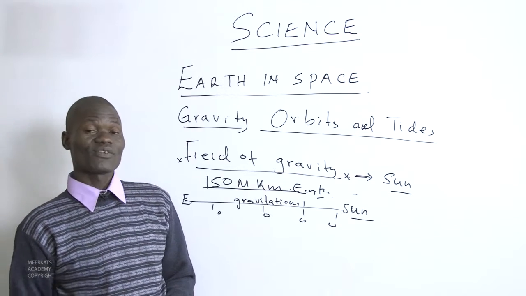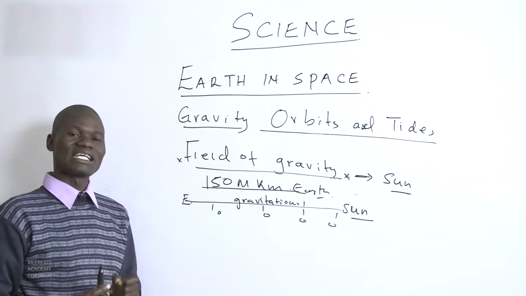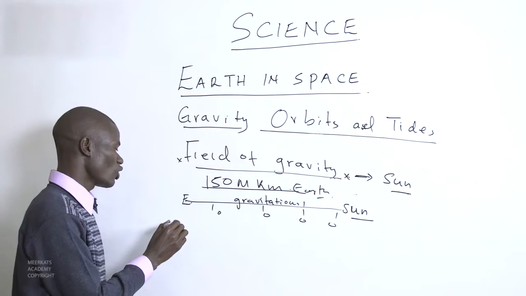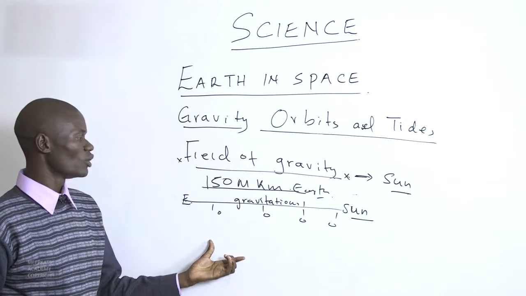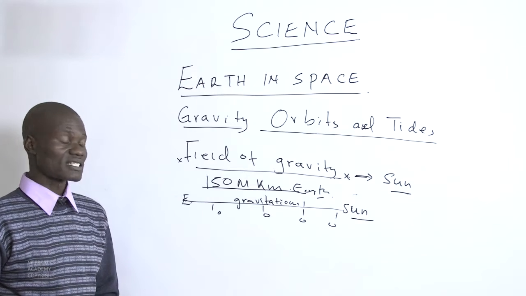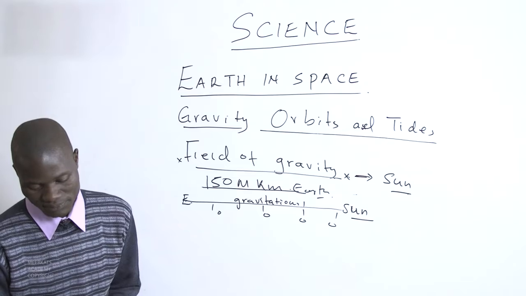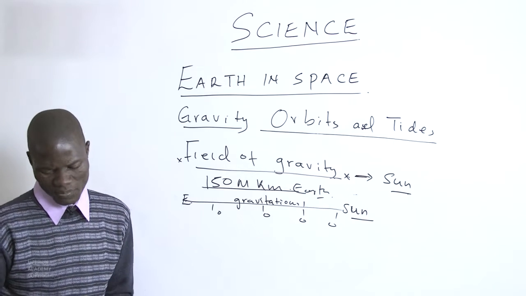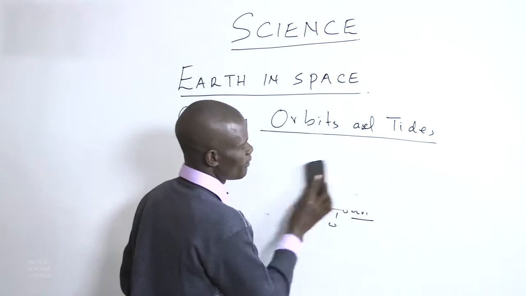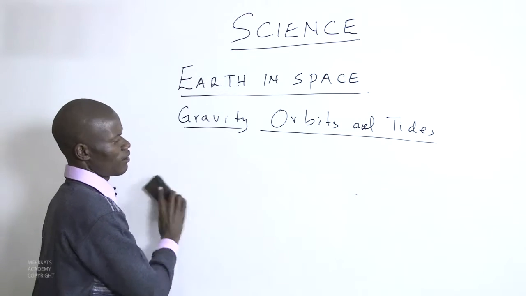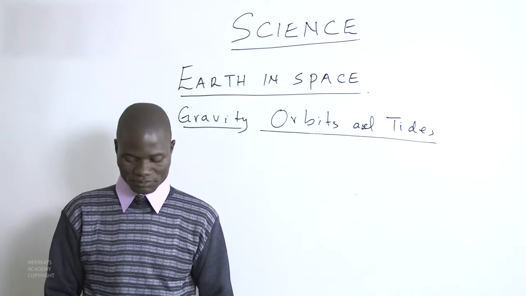Remember, it's the same force of gravity that holds Earth in its space. And as it's being held in its space, it is able to find its orbit, as we'll look at in the next lesson. Therefore, I want us to understand majorly how gravity works.